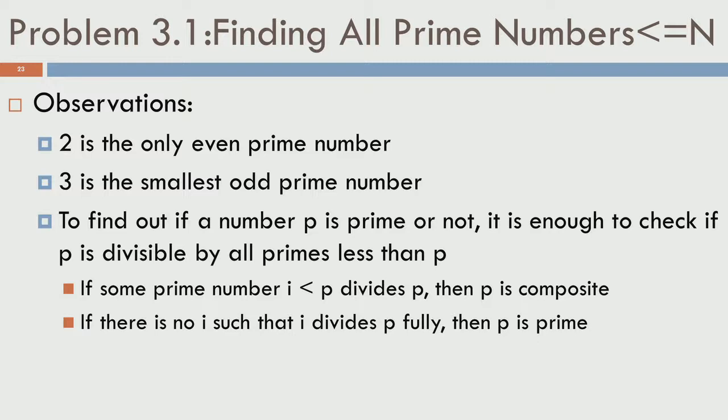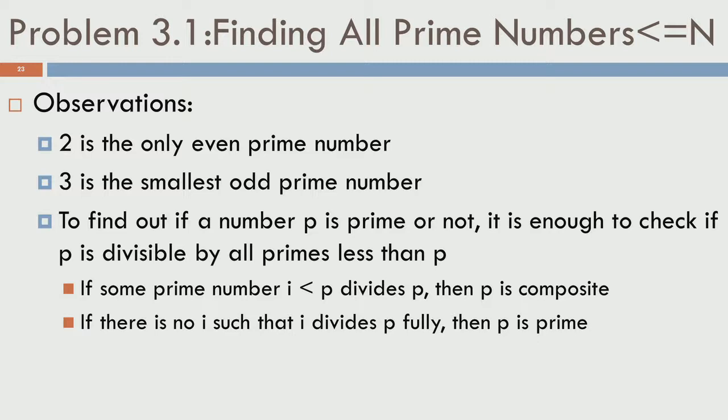We will have to start checking from 4 onwards whether they are prime or not. 4 is not a prime number because it is a multiple of 2, it is an even number. 5 is a prime number, 6 is not because it is even, 7 is a prime number, 8 is not because it is even, 9 even though it is an odd number is not a prime number because it is 3 times 3, and so on.